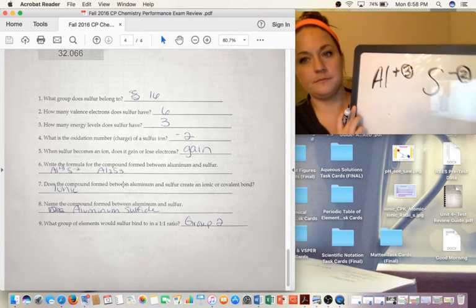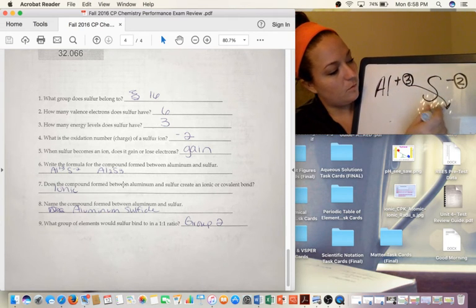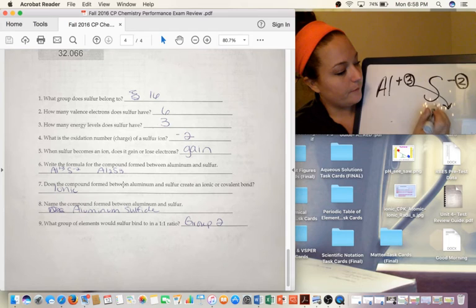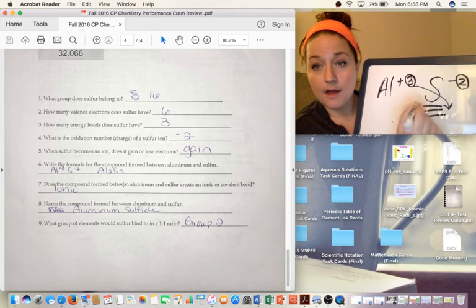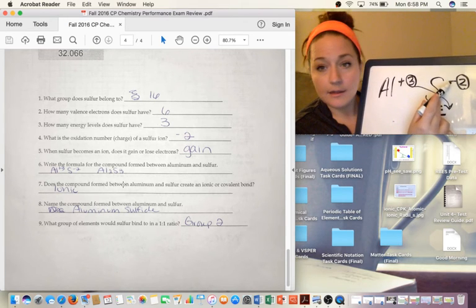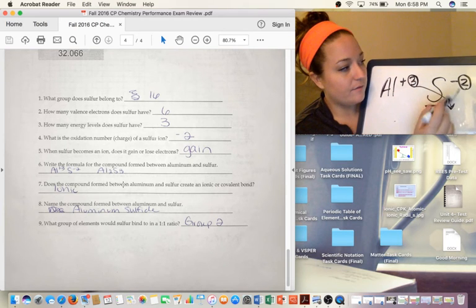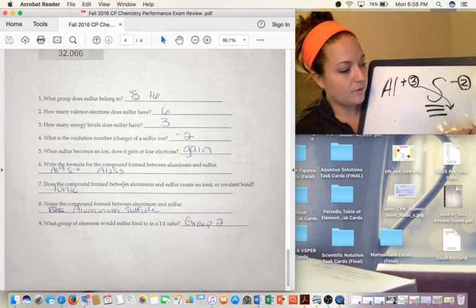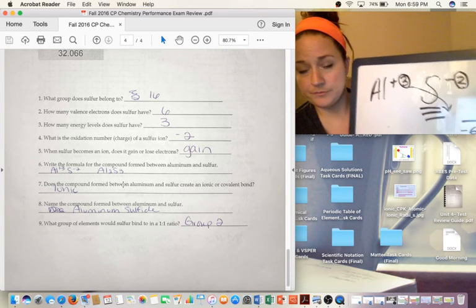So what this is saying is sulfur is going to need to have 3 of them. So he's going to need 3 sulfurs that have a negative 2, which equal a negative 6 overall charge.